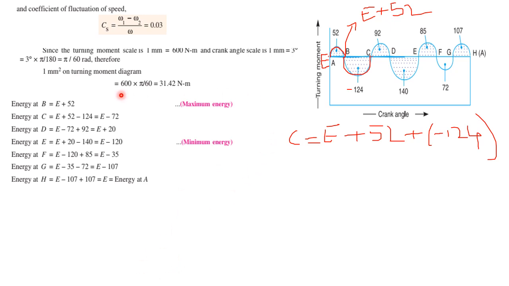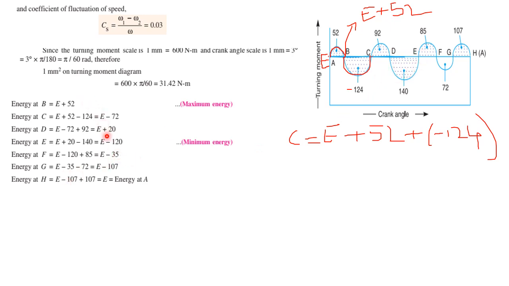Once you do all these calculations, we'll see what the plus values are. At point A energy is E, at point B it is a plus value, that is E plus 52. Again a plus value at point D, that is E plus 20. At point F it could be a plus value, but because of this huge minus, it has become a minus.